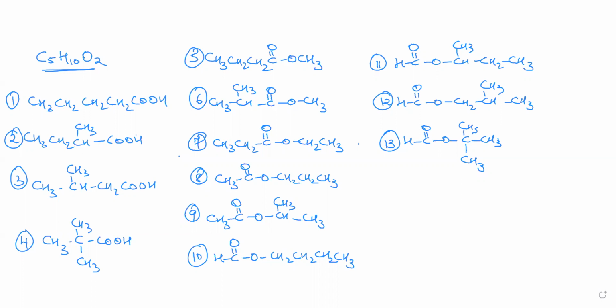Correct? 3 and 4. Yes, 3 and 4 are chain isomers. Correct. 3 and 5 will be functional till 3 and 13. Now it's functional. 4 and 5. Functional. Correct.